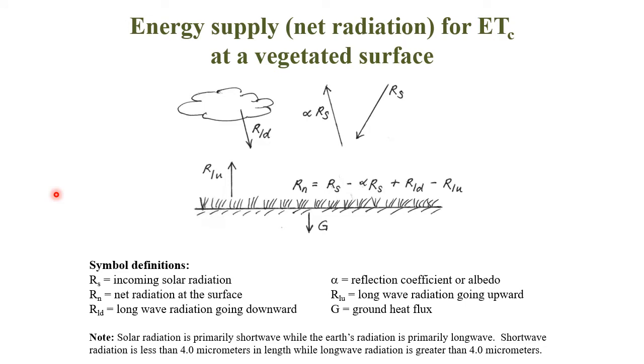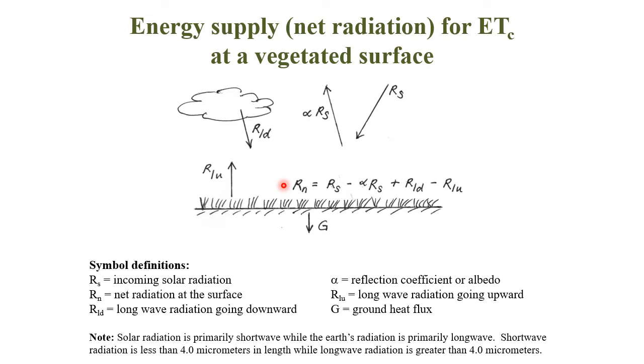What's important to note is that crop evapotranspiration is driven by the energy supply at the surface of the crop. That is represented in this diagram as the net radiation.